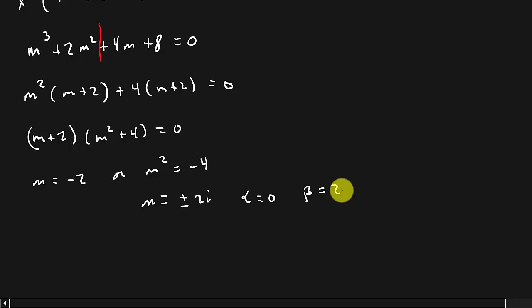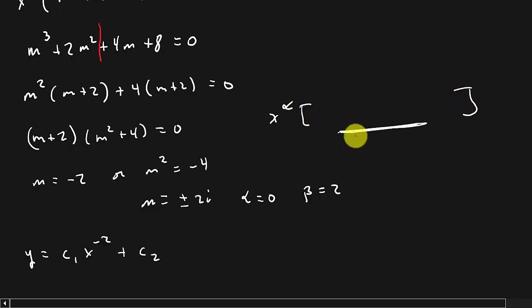Alright, so this just goes back to what we learned earlier. So I've got y is equal to c1 x to the negative 2. And then I have complex roots here, so that's going to be plus c2. Now remember for the complex, it's x raised to the alpha times all of that sine and cosine stuff, but here alpha is 0, so that's just going to be a 1 out in front.